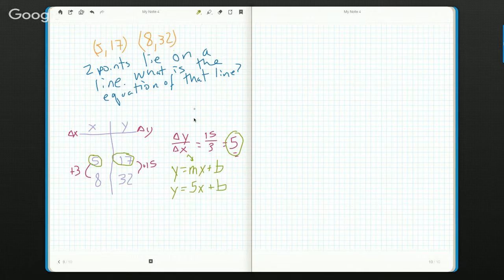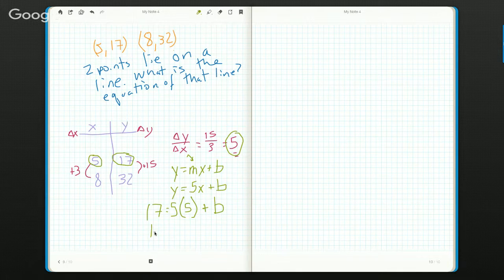So let's take our y and put our 17 in for y, and we're going to put our 5 in for x. Here's our 5 for our slope, our m, and our x here is 5. We don't yet know what b is, but notice how we now have an equation with only one unknown. And so we can solve for that b.